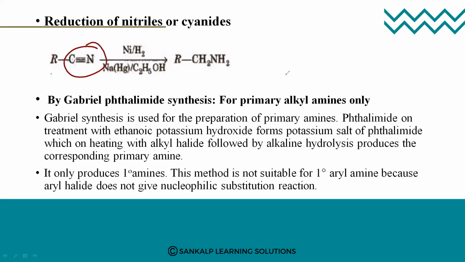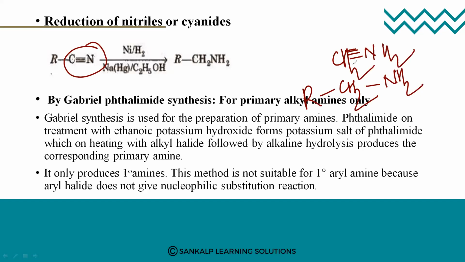There is addition of hydrogen to C triple bond N, we do reduction, and you get CH2NH2. You can see, right? Hydrogens are added across this triple bond, so we are doing reduction. This is another preparation.